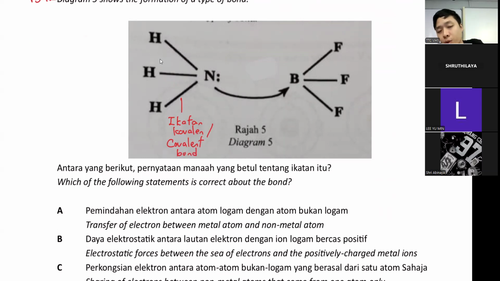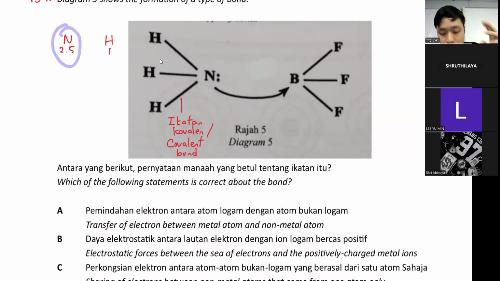Do you know how they get a covalent bond? What is the electron arrangement for N? 2.5. What is the electron arrangement for H atom? 1. H needs one more electron to get full and achieve stable.